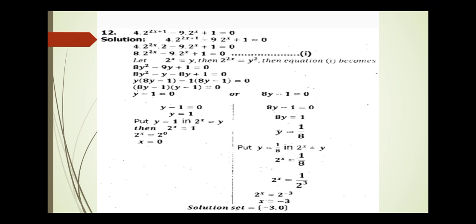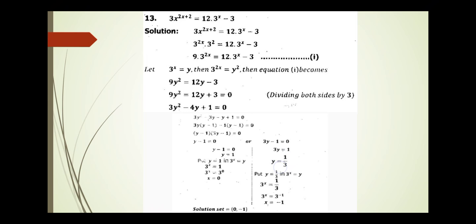Now you can take the smaller one, 2^x, as y, then taking square, 2^(2x) is equal to y squared. Get your equation. After getting your equation, you can solve it in the same way as you solved the previous questions.